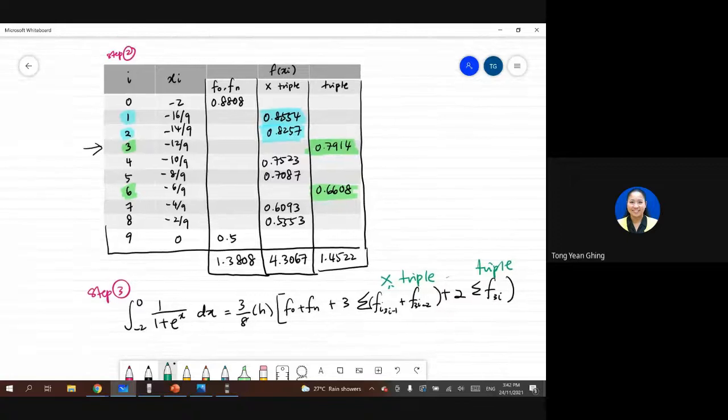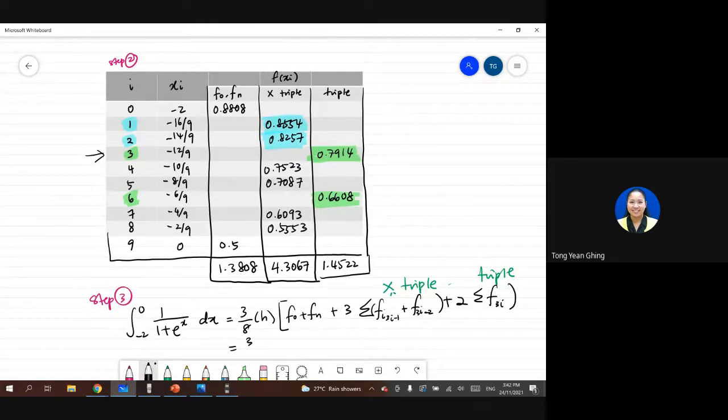That means here 3/8 times 2/9, where h, the step size, is 2/9.